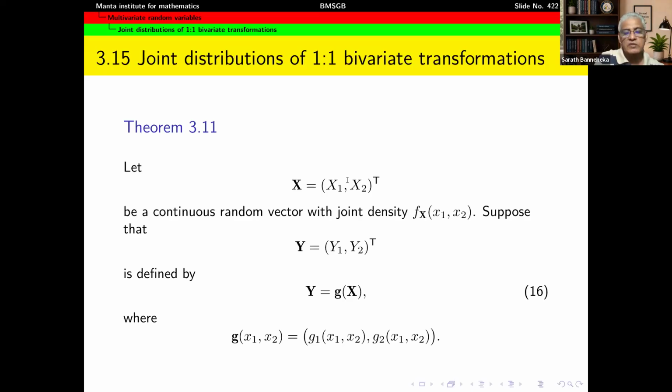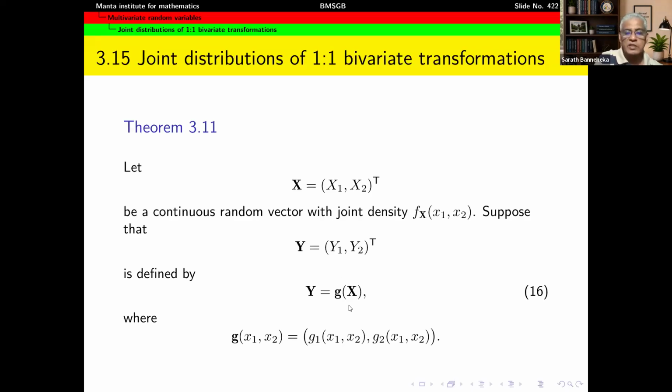When you say g of x, that means g of this vector x means g of x1, x2, but g is also bold here, so that also indicates two functions actually. That is also kind of a vector. So that g of vector x, that is the same as this bold g of x1, x2. That means actually two things: g1 of x1, x2 and g2 of x1, x2.